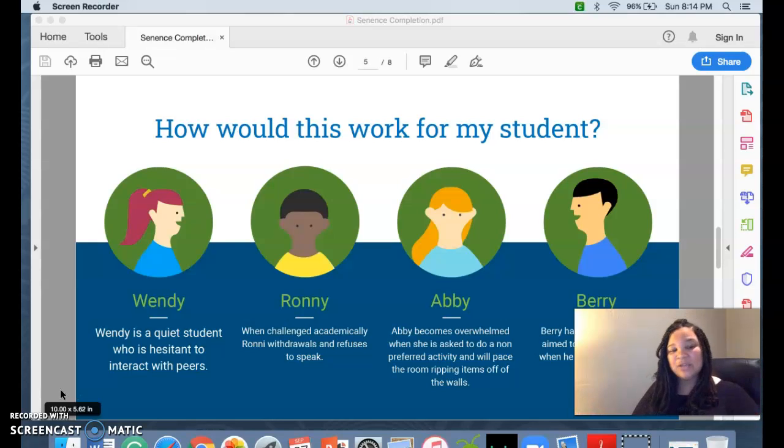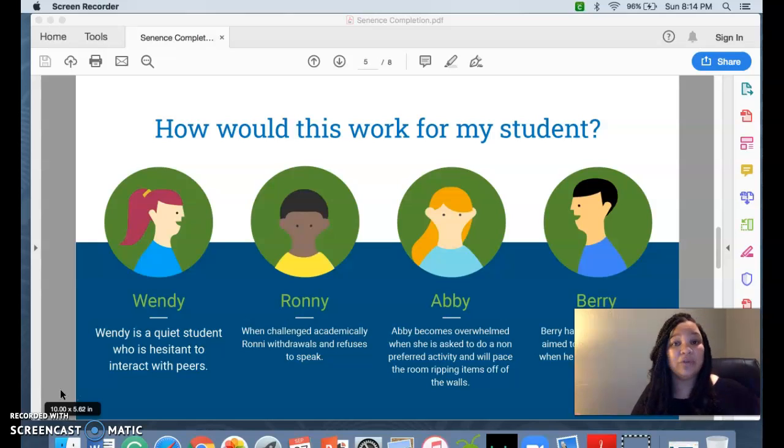I feel is a great morning starter to find out how your students are entering the classroom and how they are feeling. I gave a couple other examples, like Abby, who is a pacer, and she roams around the classroom and becomes overwhelmed when she is provided with a non-preferred activity.